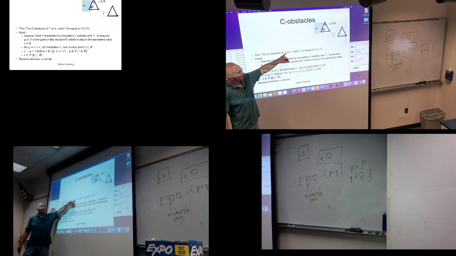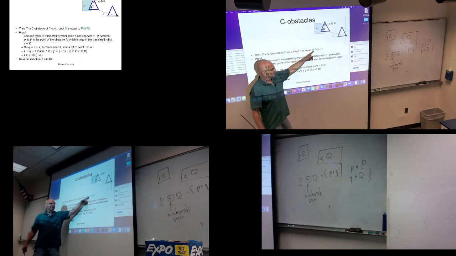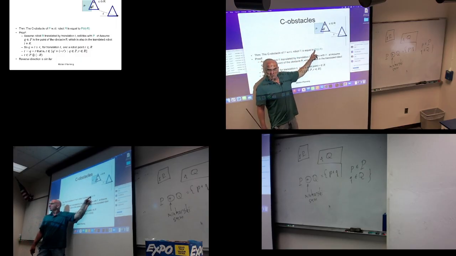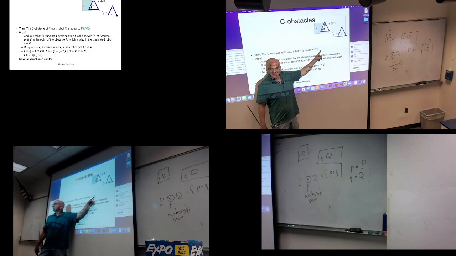So, here's the answer. The translations that are not allowed can be generated as a Minkowski sum of the obstacle, P, Minkowski sum with minus the robot, taking the robot and reflecting it. And that will be all the translations that are not allowed.